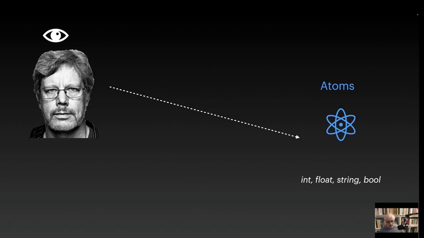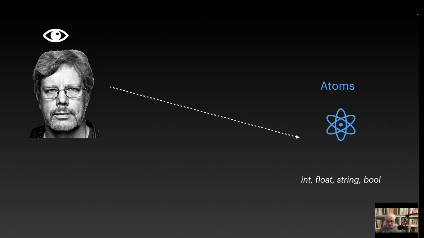There's the world of Python, Python objects, and then we use the Python language to perform operations and work on objects in the Python world. So here I'm thinking about the Python world consisting of objects. And there are four basic atoms in the Python language, the Python world: int, float, string, and boolean.